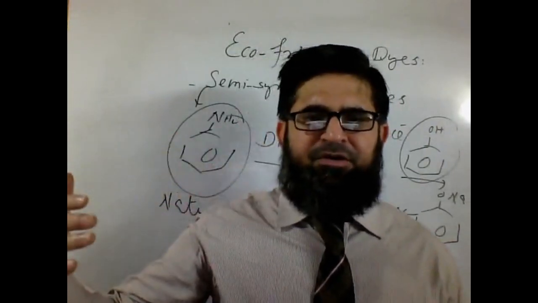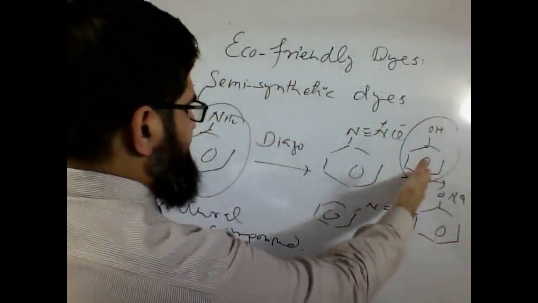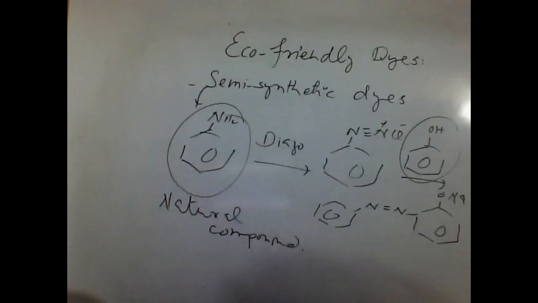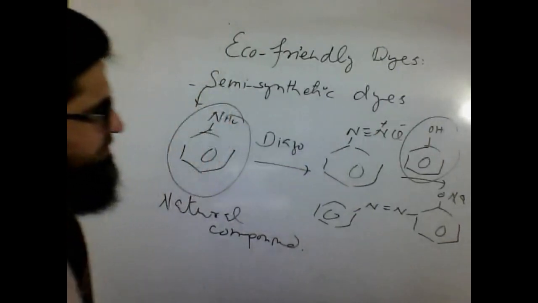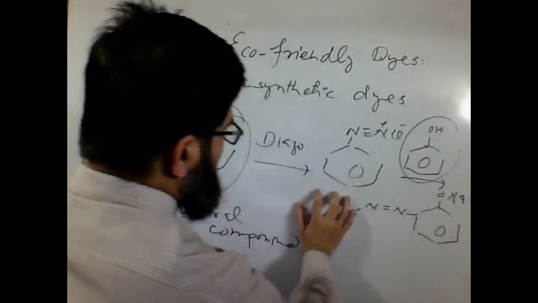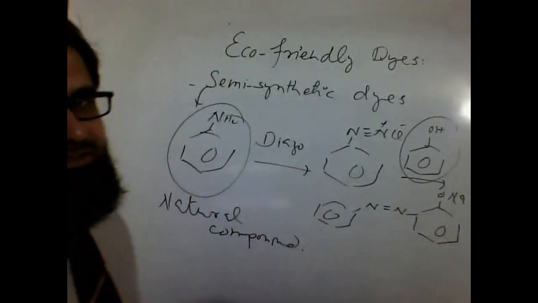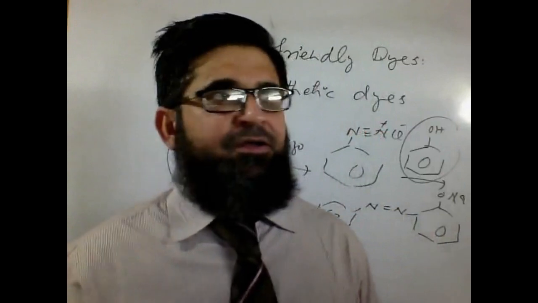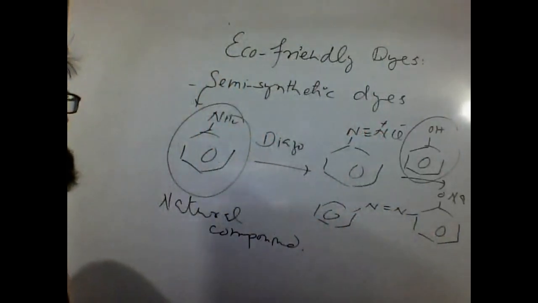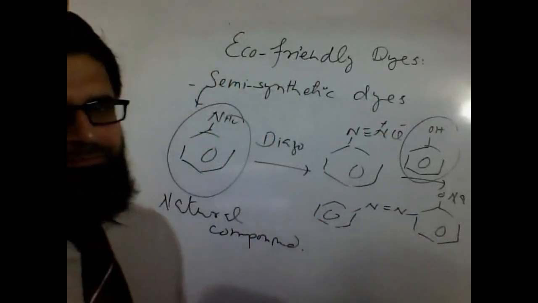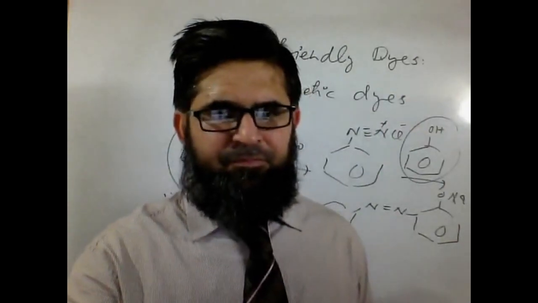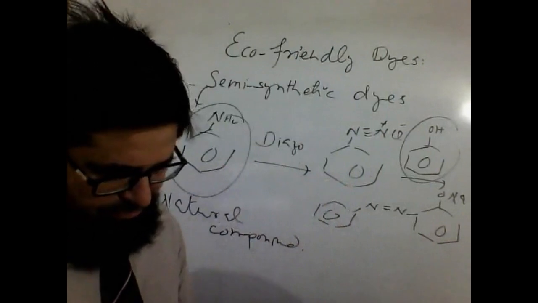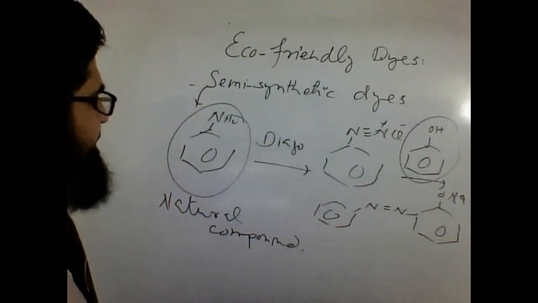So we can bring them either as couplers, or we can perform diazotization of such compounds, and then the resultant dye which carries one of the components which has been received from plants will be termed a semi-synthetic dye. So this is how we used to receive the azo dyes.